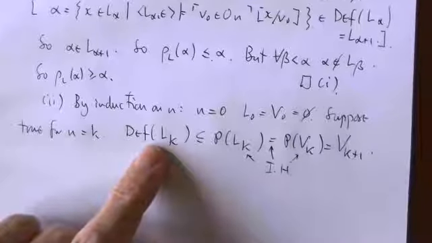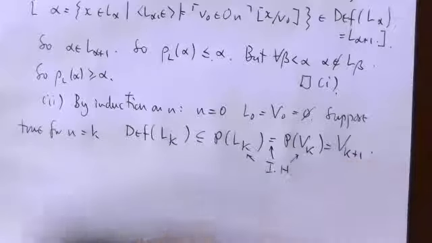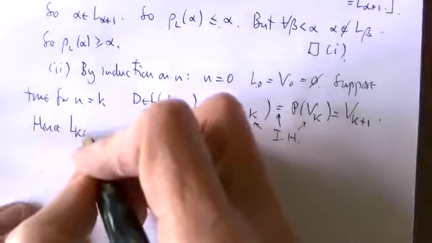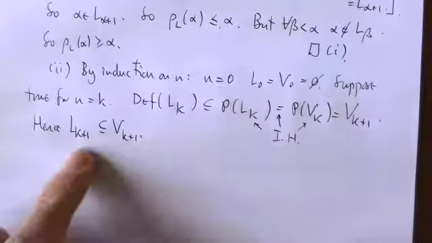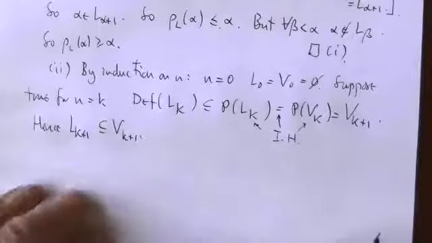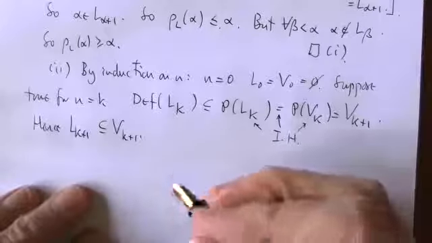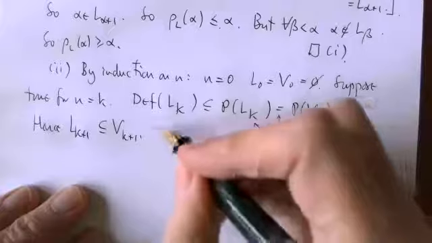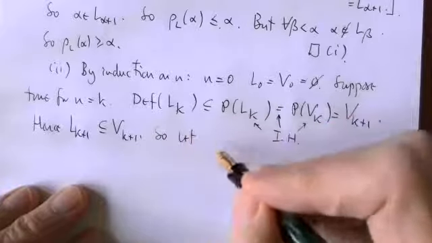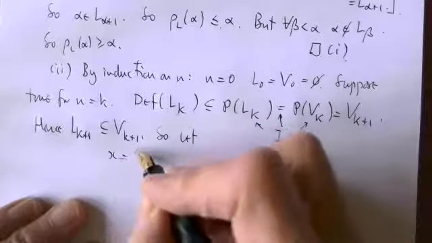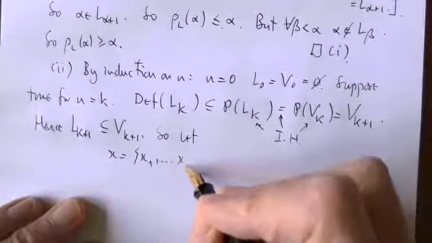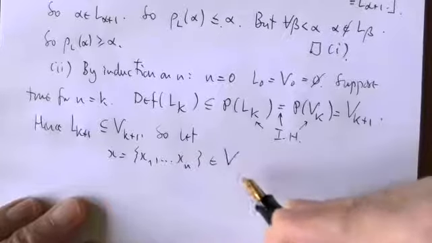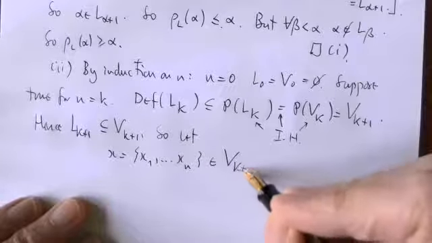So Lk plus 1 is contained in Vk plus 1. And we need the reverse here. So pick something in Vk plus 1.